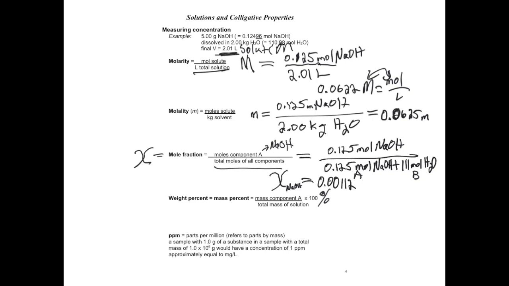And there's no units on that. So that's the mole fraction of sodium hydroxide. Now, if I want to calculate the mole fraction of water, I just do the same calculation, but instead replace 0.125 with 111. That's one way to do it, but there's another way.